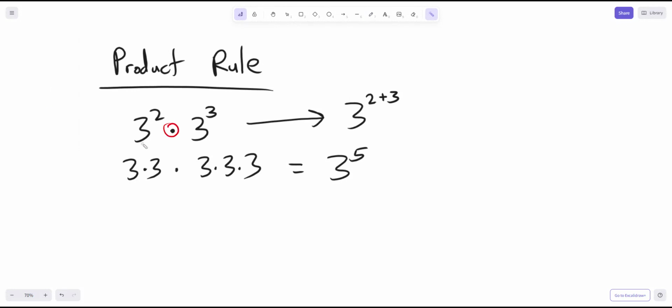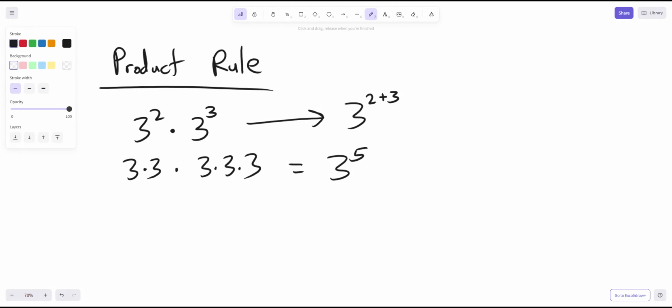So if you're multiplying two of the same base, all you do is add the exponents, 2 plus 3. That's shown with the work here: 3 squared is 3 times 3, 3 cubed is 3 threes. If I multiply all of it together, it's 1, 2, 3, 4, 5 threes, or 3 to the fifth power. And the shortcut is 2 plus 3.